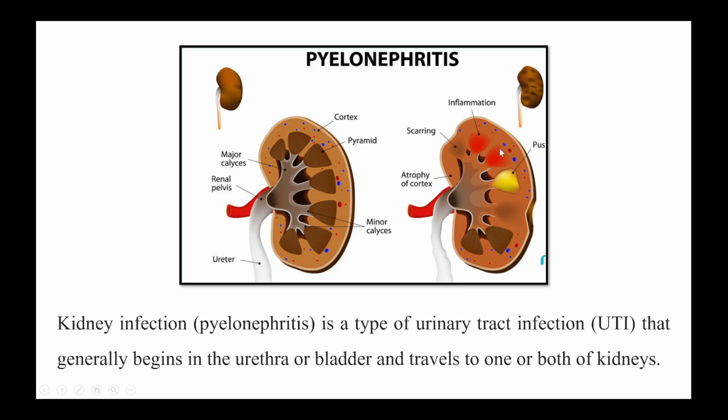it stops functioning eventually. So kidney infection, that is pyelonephritis, is a type of urinary tract infection that generally begins in the urethra or bladder and travels to one or both the kidneys.